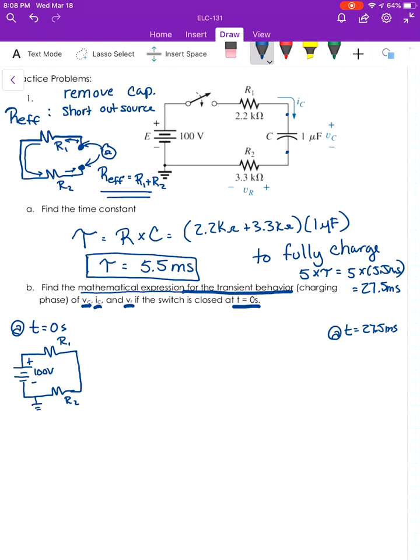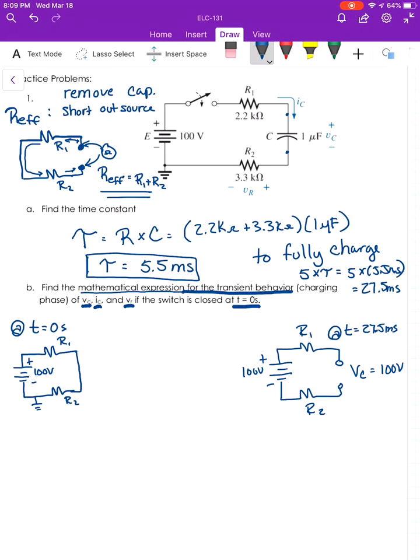And then once we get to 27.5 milliseconds, at that point, our capacitor looks like an open circuit, right? Where we have V sub C equal to, in this case, 100 volts. Again, R1, R2, and our 100 volt source. And then the equations are what happens in between.